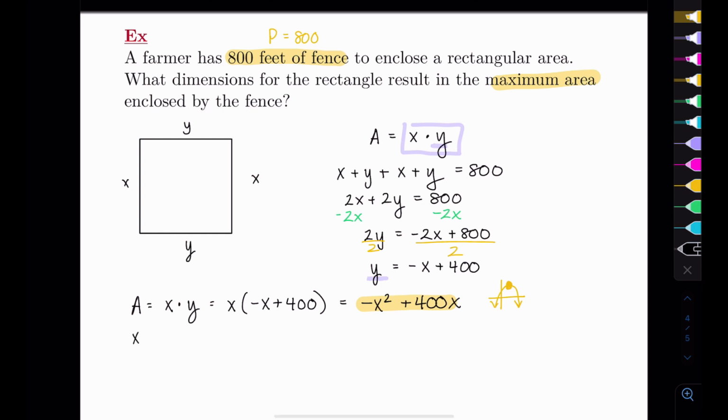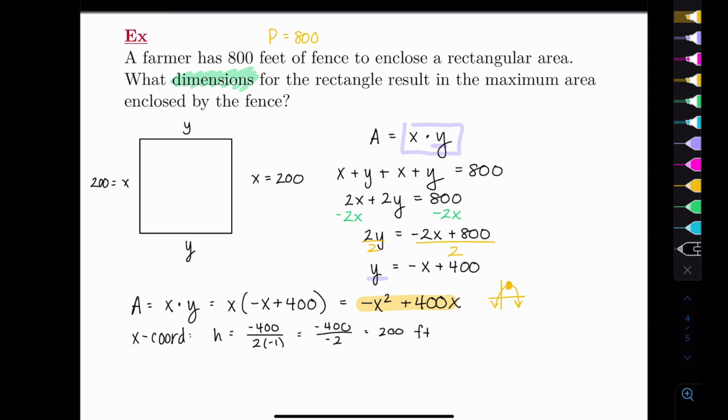So our x coordinate of the vertex is h. It's equal to negative b over 2a, so negative 400 over 2a, which is negative 400 over negative 2, leaving us with 200. So our x should equal 200 feet to give us the maximum area. Now specifically, what we're looking for are the dimensions of the rectangle for the maximum area. We just found out the x needs to equal 200.